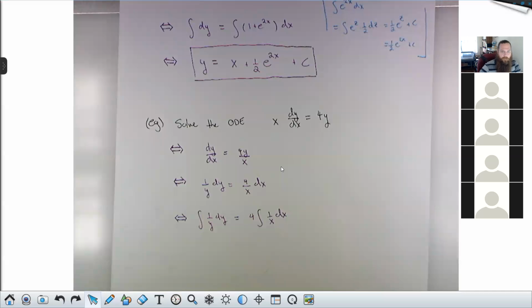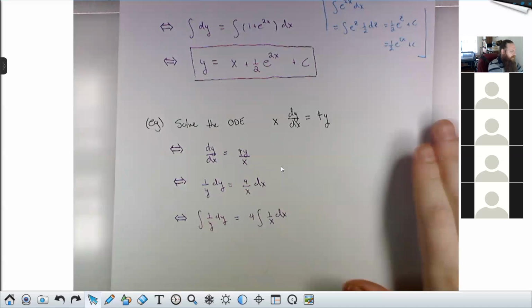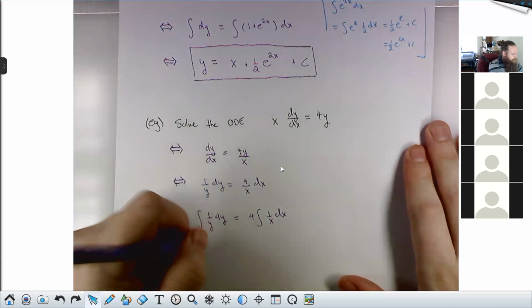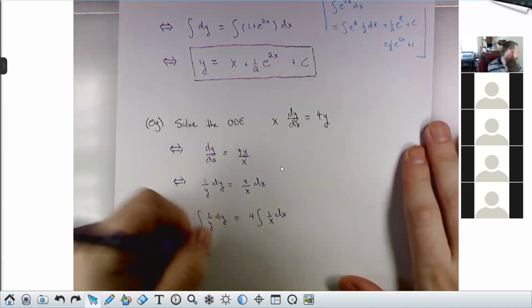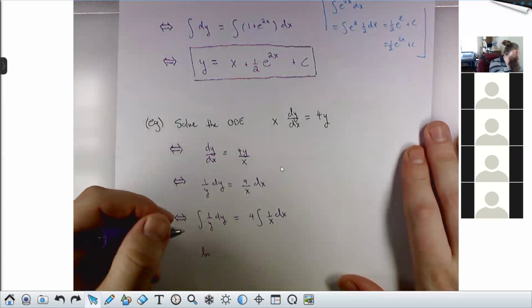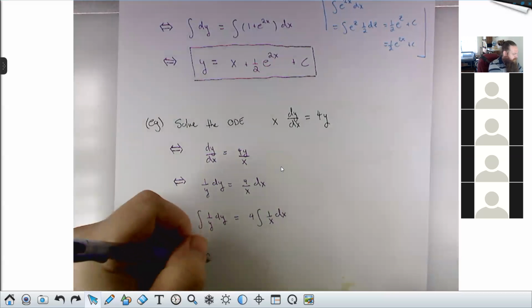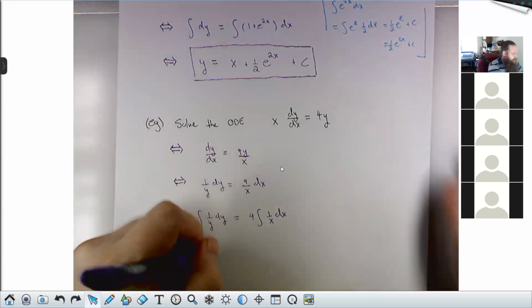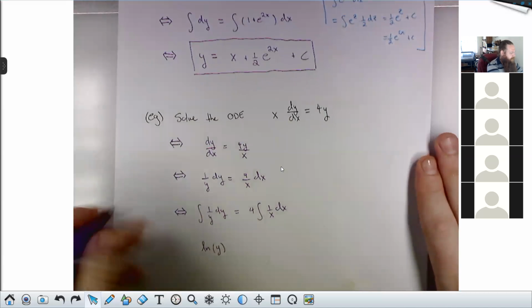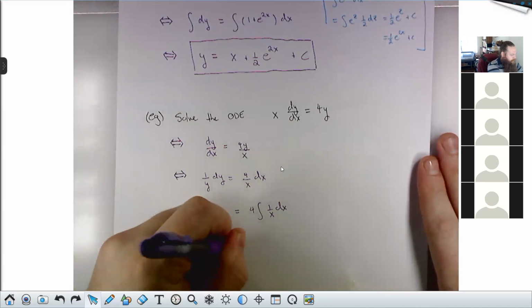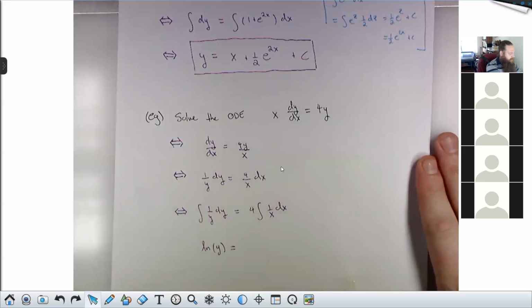These integrals are not hard either, right? What's the integral of 1 over y dy? Natural log of y. Yeah, and I should be maybe a little bit careful. I should maybe write it as ln of the absolute value of y. I don't have any reason to suspect that I'm dealing with negative values here, so I'll leave it as just ln y. But if we were being ultra careful, absolute value is not a bad idea there.